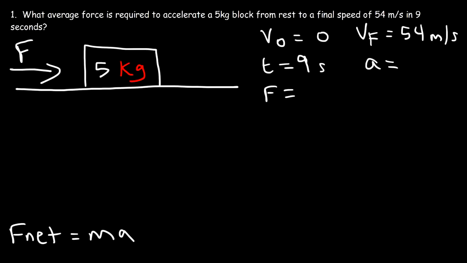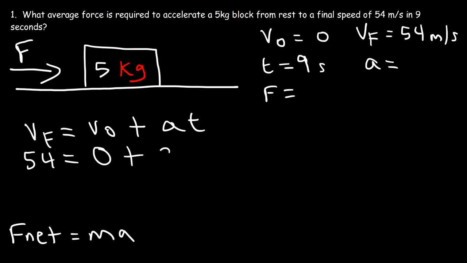Hopefully you've reviewed kinematics at this point. Vf is equal to Vo plus at. So the final velocity, which is 54, is equal to the initial velocity of 0 plus the acceleration multiplied by the time. So the acceleration is 54 divided by 9, which is 6. So it's 6 meters per second squared.